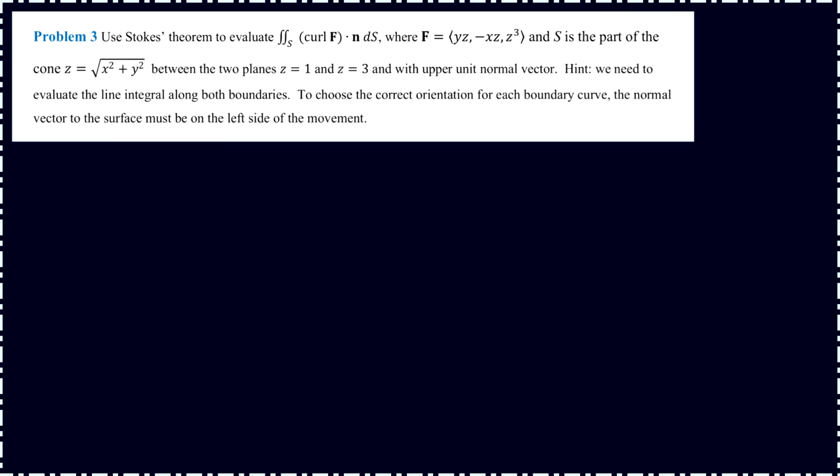So this says use Stokes' theorem to evaluate the surface integral of the curl of f dot n dS. Again, we have one of those problems. They give you f, and they say S is the part of the cone between the two planes z equal to 1 and z equal to 3 with upper unit normal vector.